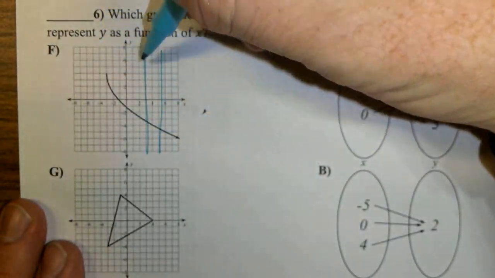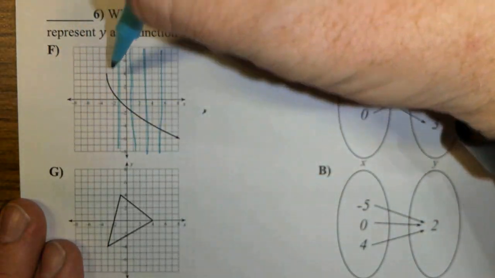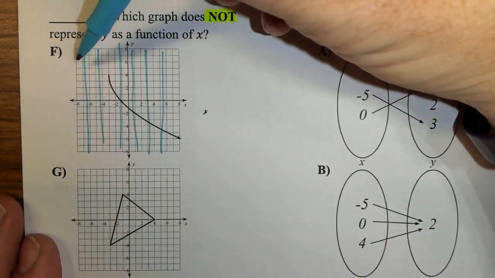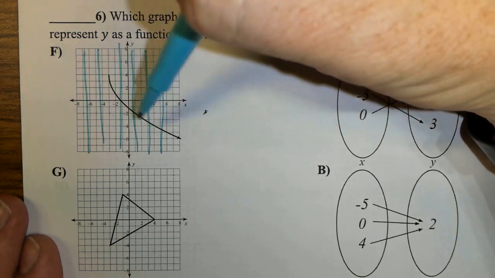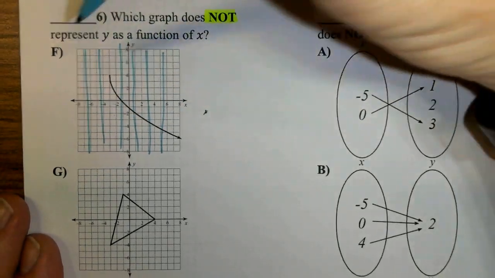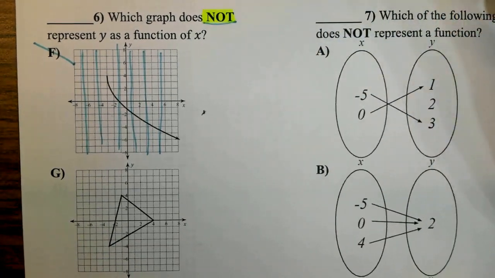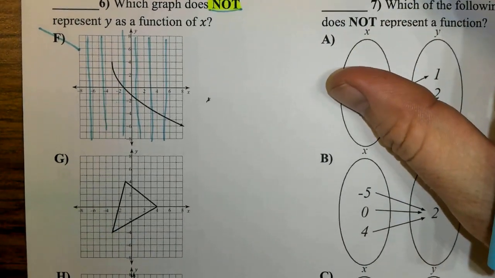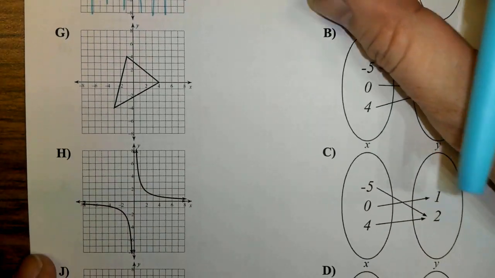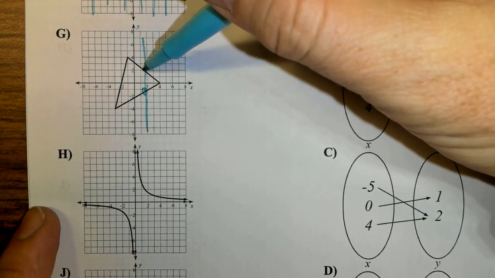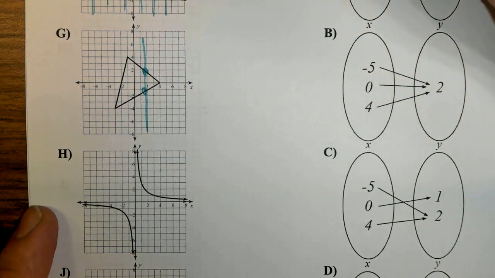So I can draw a bunch of vertical lines, and I can only pass the line once, no more than once. Okay, so if I do a bunch of vertical lines on F, none of those cross that line more than one time. So that is a function, and I want what's not a function. So be careful and read the question. Okay, look at G. If I draw a vertical line anywhere in this shape, I cross more than once. So this is not a function.